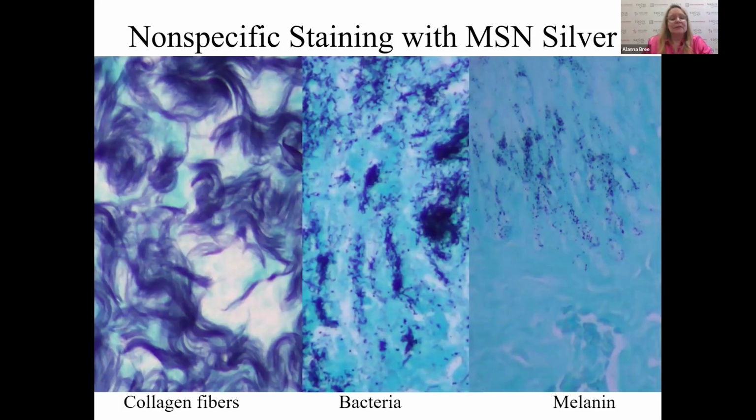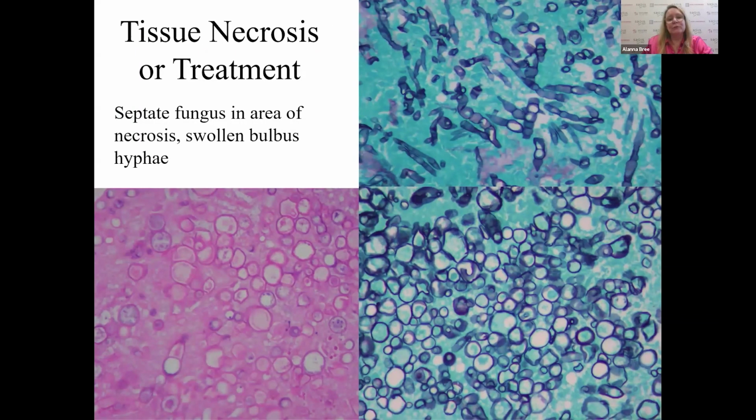And then again, you can see here collagen fibers, bacteria, and melanin will stain, but it is non-specific. And then again, tissue necrosis or treatment will affect what the fungus looks like. They can be swollen and not necessarily look like what you would be expecting.